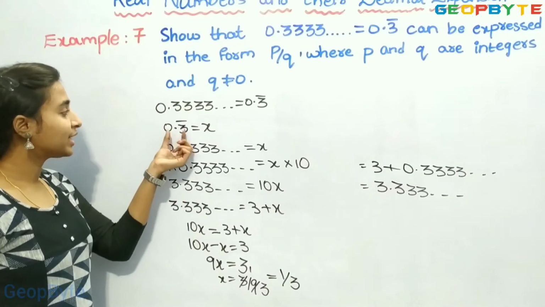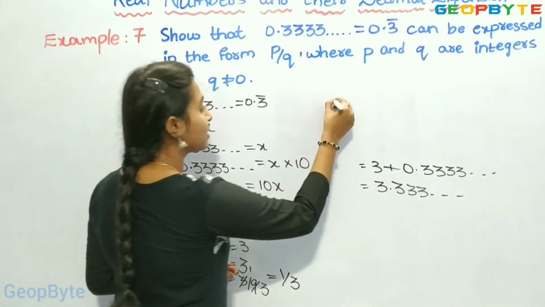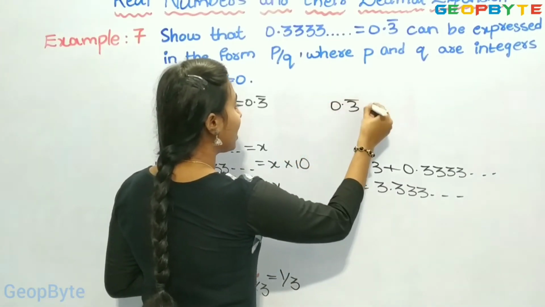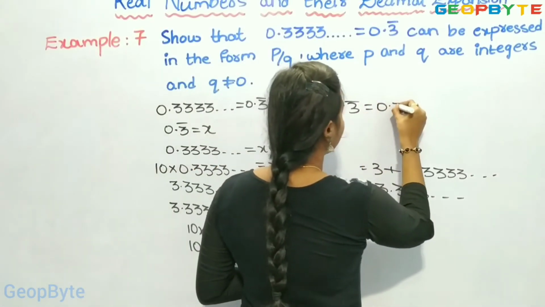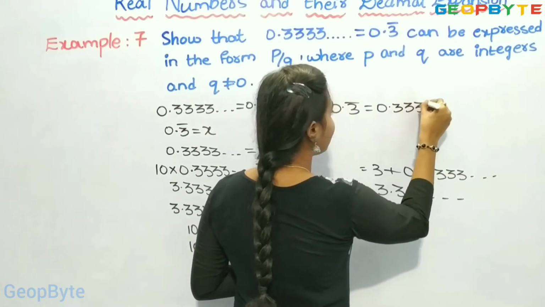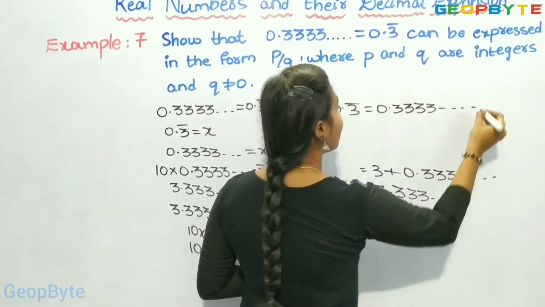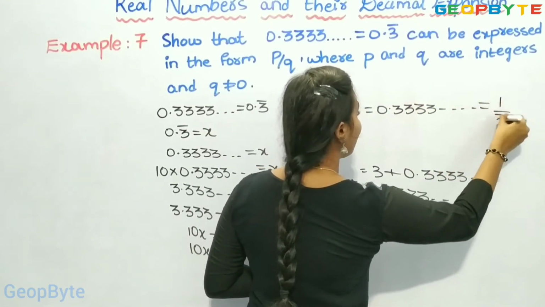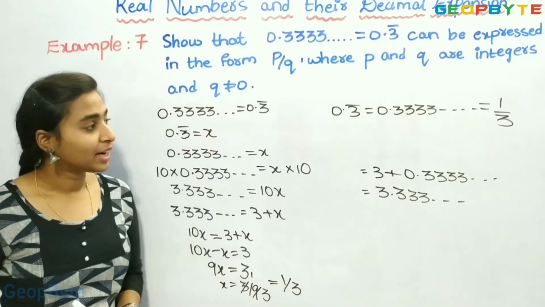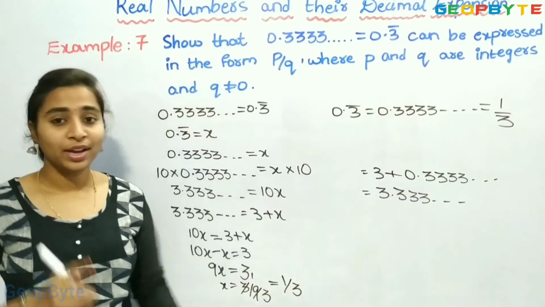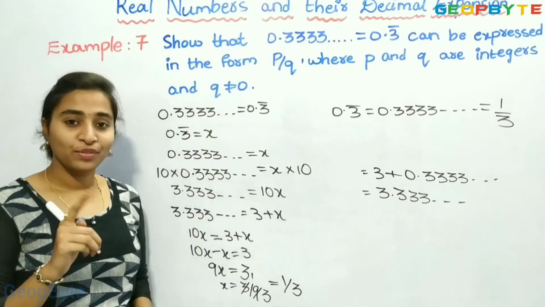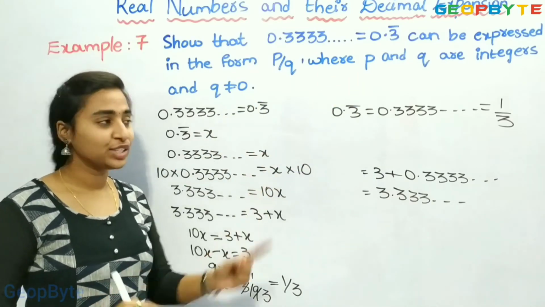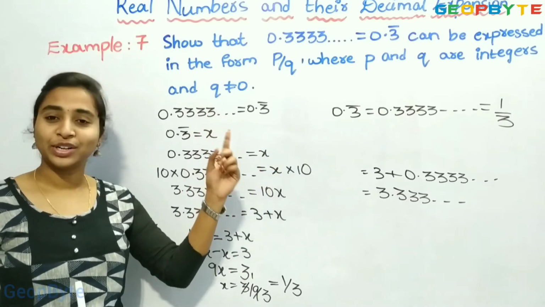So, 0.3 bar, that is 0.3333 and so on, is equal to 1 by 3. That is the rational number which we have found in the form of P by Q, where P and Q are integers and Q not equal to 0.